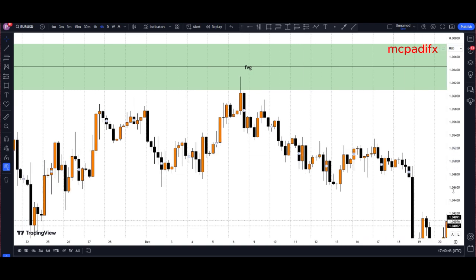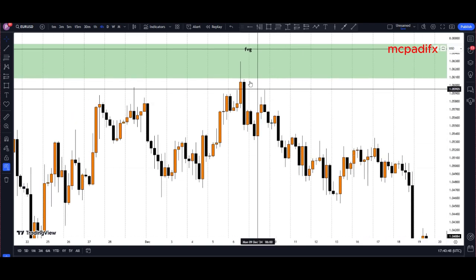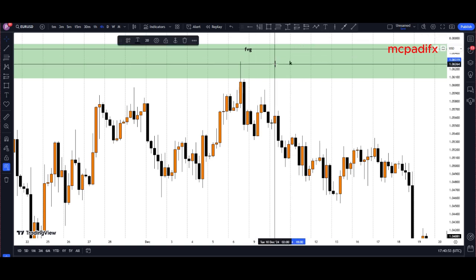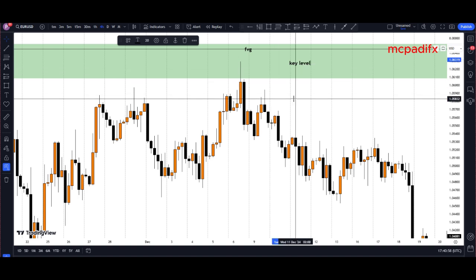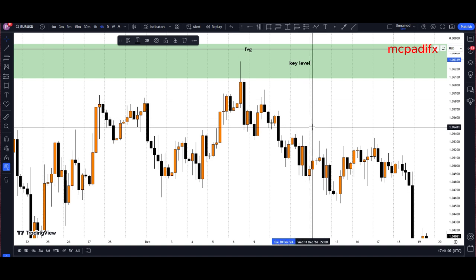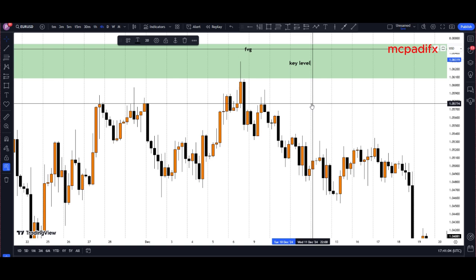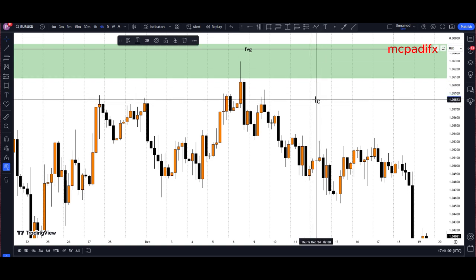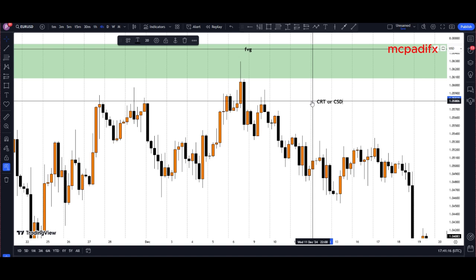So as I said, the first thing you have to look for is your key level, which in this case is our fair value gap. So you have to get your key level. Second, the next thing you have to look for is either CRT or CSD or both.